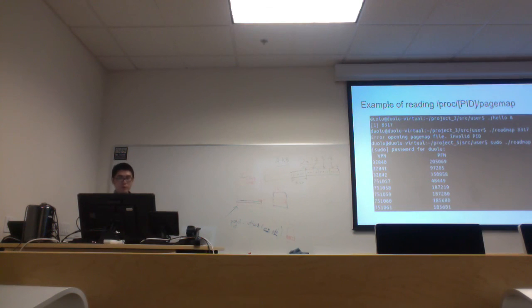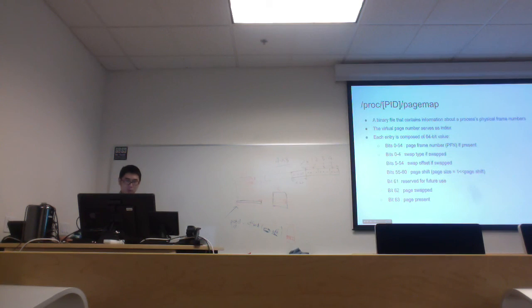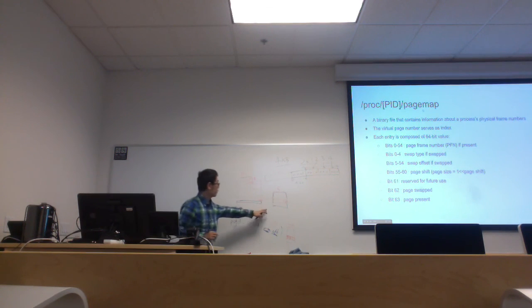Here's an example of reading the pagemap. I started the hello world process and wrote a simple program to read out each entry of this pagemap. However, I only read out the entries that appear in the virtual memory areas. So you know that this pagemap will give you all the page table entries, even if they are not there.